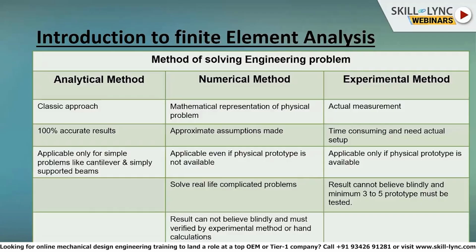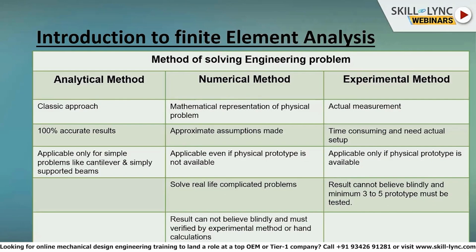The second method is the numerical method. In numerical methods, we make a mathematical representation of the physical problem. It is an approximate, assumptions-based model. It is applicable even if a physical prototype is not available.